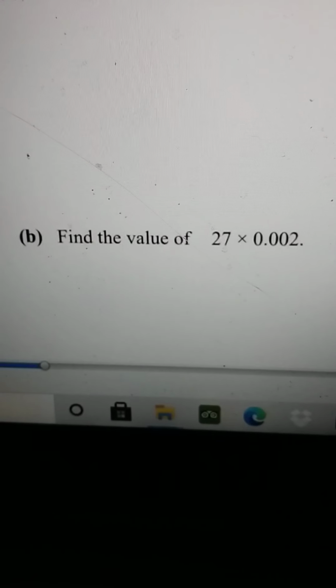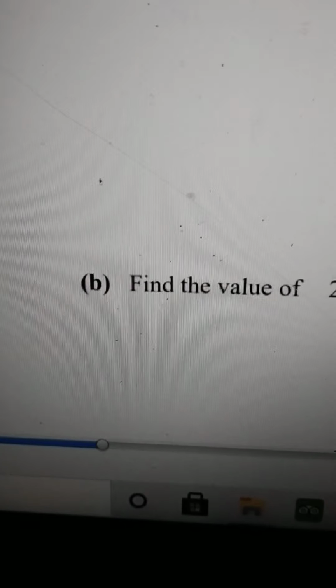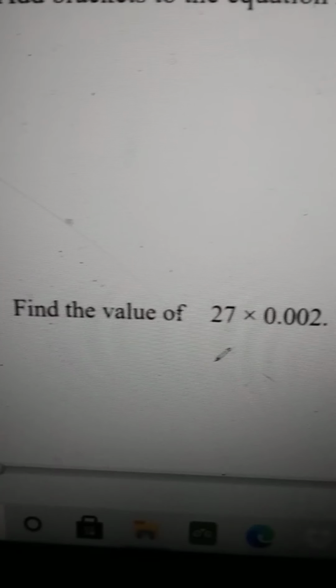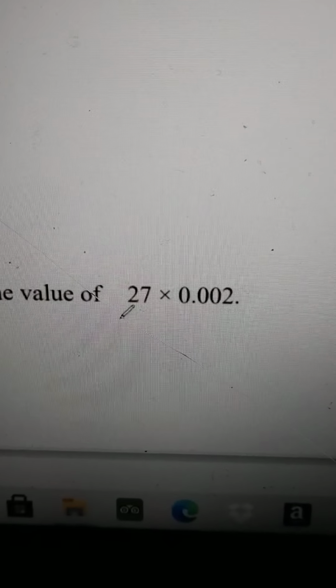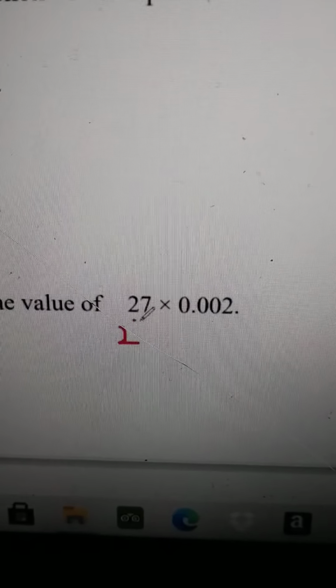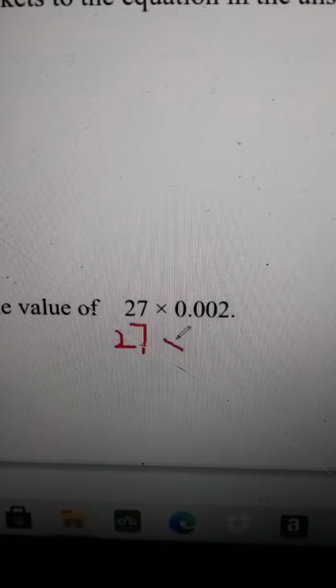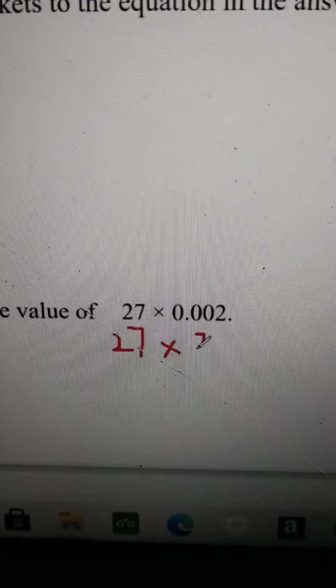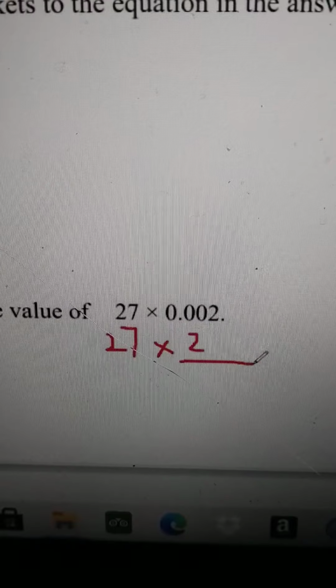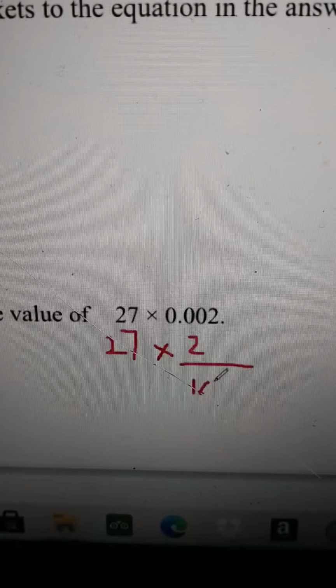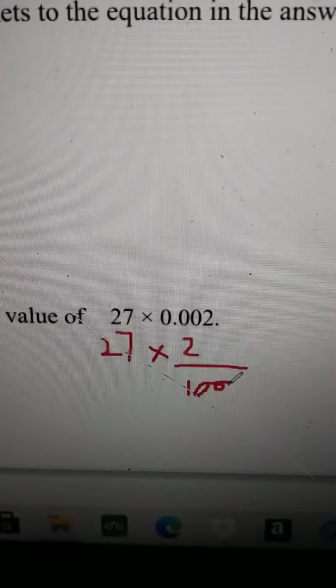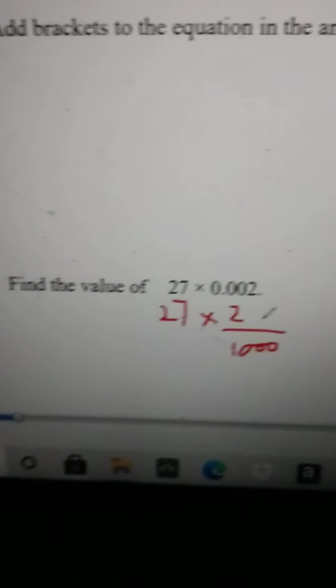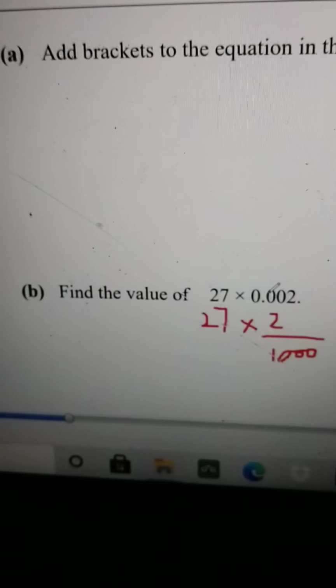Next question is question number 2, part B. 27 into 0.002. Let me tell you a quick method. You write 27 multiplied by, as we are not using the calculator, this is paper 1, 2 upon 1000. It means that I have removed the decimal point.